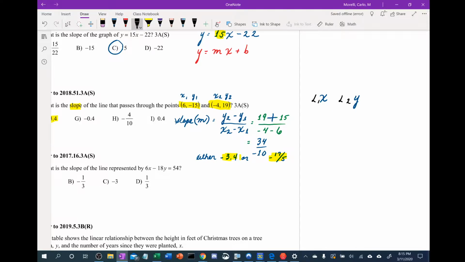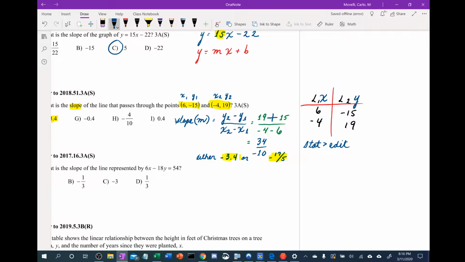So our X values here are 6 and -4. Our Y values that correspond to those X values are -15 and 19. Now, the order doesn't matter as long as you're consistent about matching your X and Y values. So now this becomes the table that you put into stat edit. The process is stat edit.